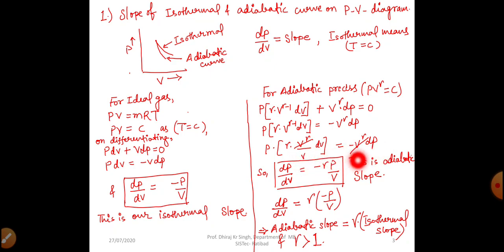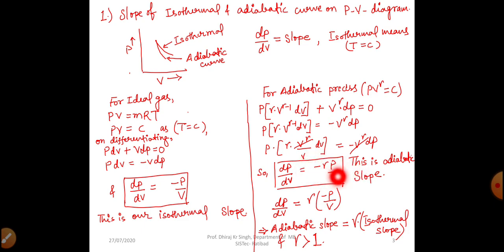So V to the power gamma on the left hand side and the right hand side will get cancelled out. Then what will be remaining? dP by dV equal to minus gamma P divided by V. So we are getting here our slope, dP by dV equal to minus gamma P by V.